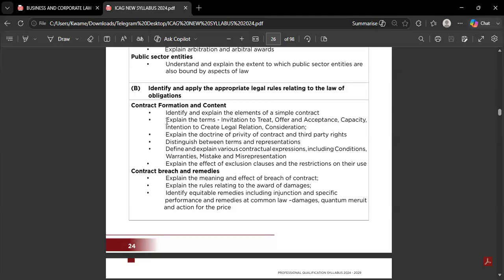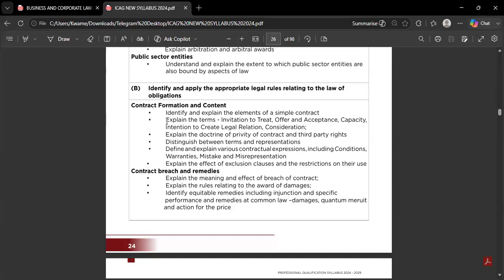For example, as you go on, you see agency. As you go on, we see some things about companies, who are officers of the company. We see contracts when it comes to sale of goods. We will see employment contracts. All these things are based on the law of contract.